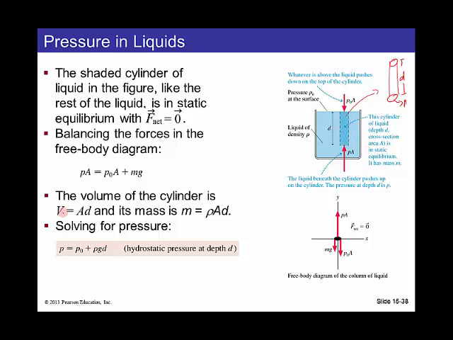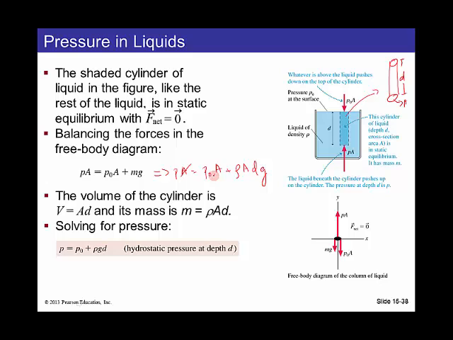So now if we write the volume of this cylinder of water as A times D, and the mass is the density times the area times D, then this can be written as PA equals P0 A plus the mass, which is rho A D g.